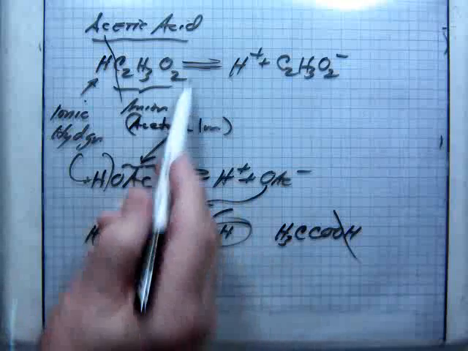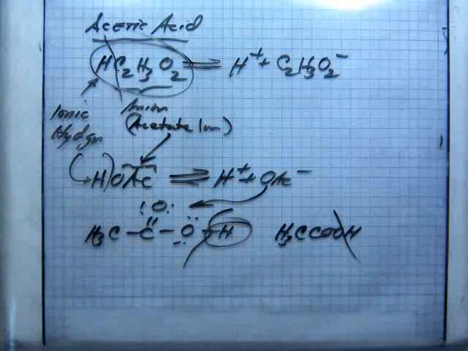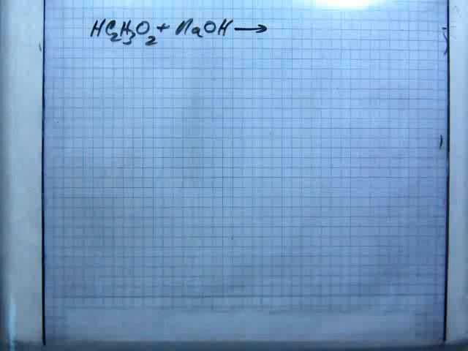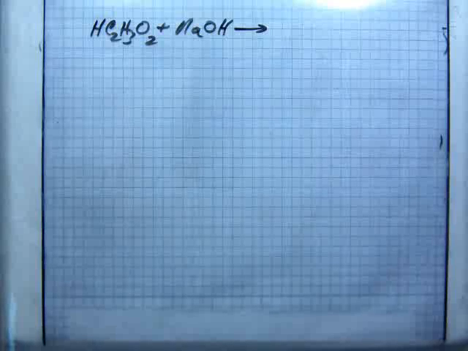For the most part, we're going to use that, and you'll be able to tell who's the weak acid. Now, having said everything I've said, how do you write metathesis reactions that include acids, bases, weak acids and weak bases as driving forces? Well, here's one that will do that.